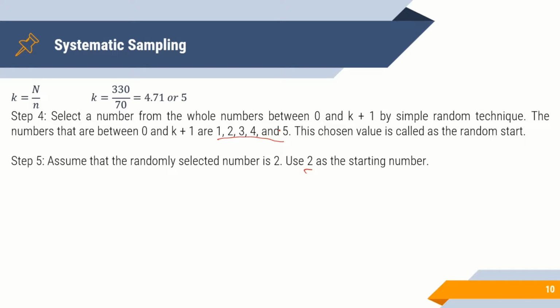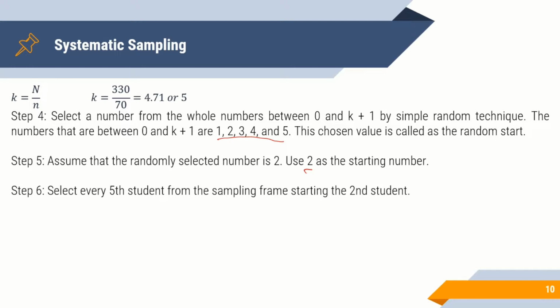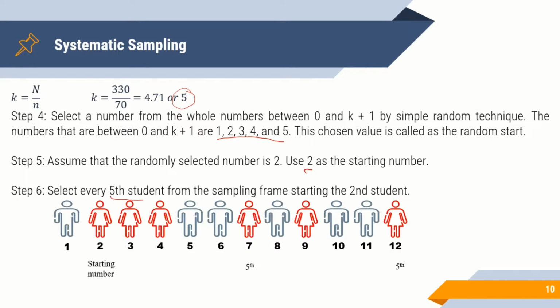For step 6, select every fifth student from the sampling frame, starting with the second student. We used every fifth student since we have sample well. So here, we start at the second student, and then first, second, third, fourth, fifth. Then we get the 7, and then first, second, third, fourth, fifth.